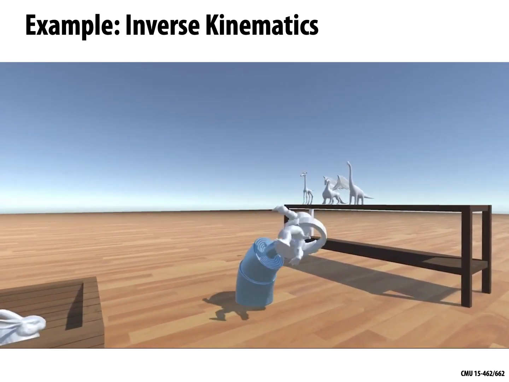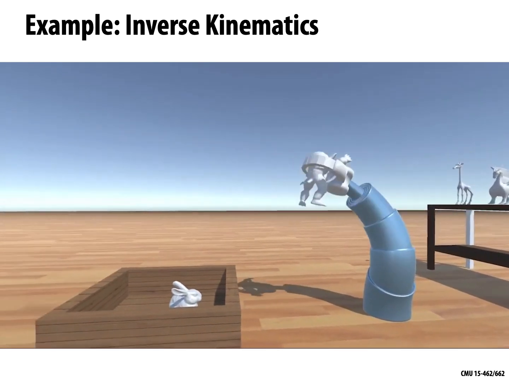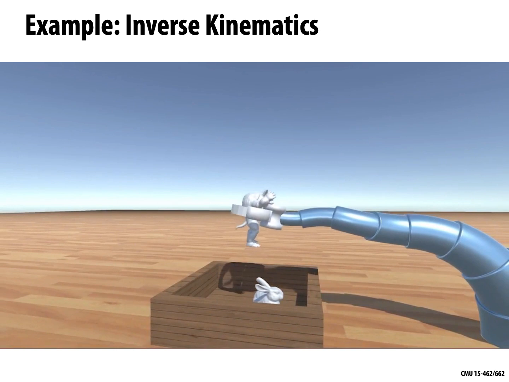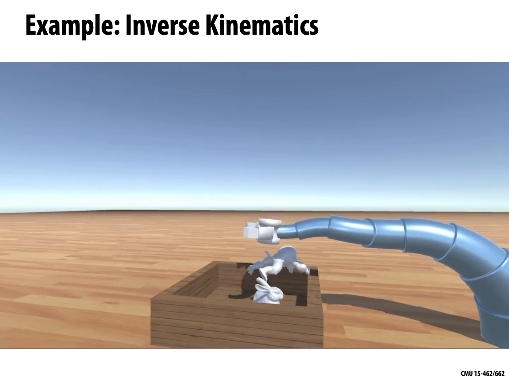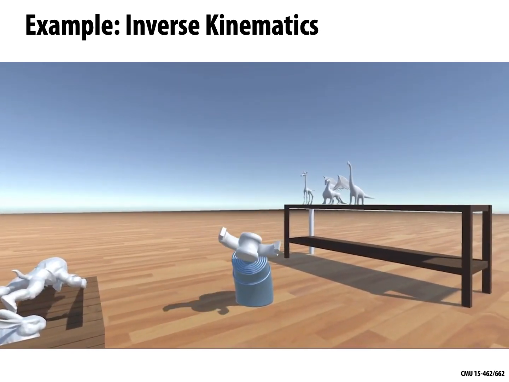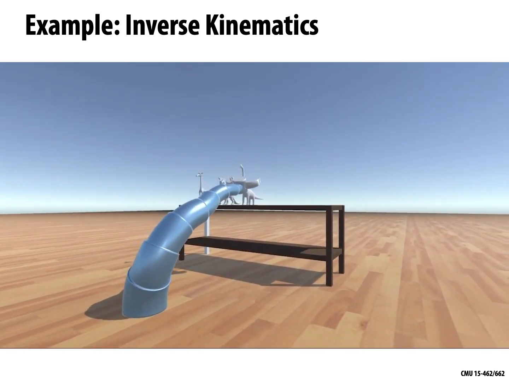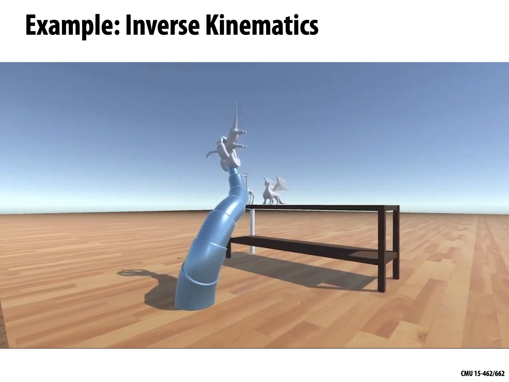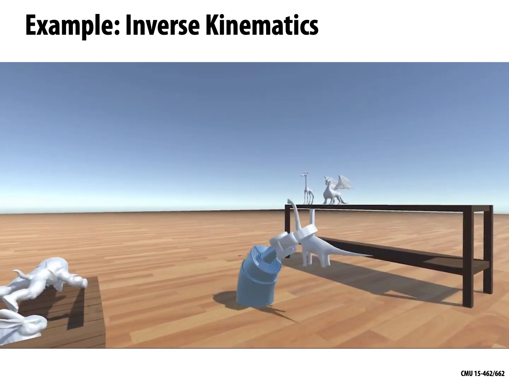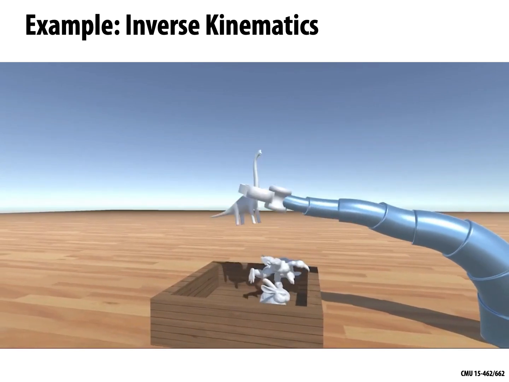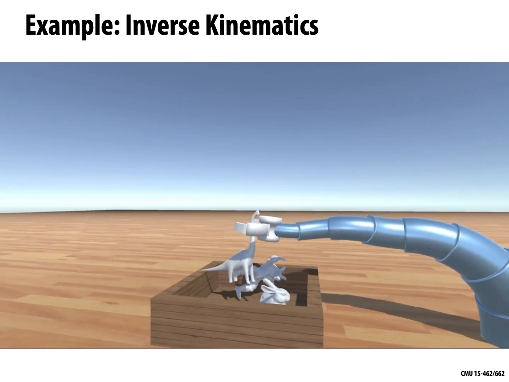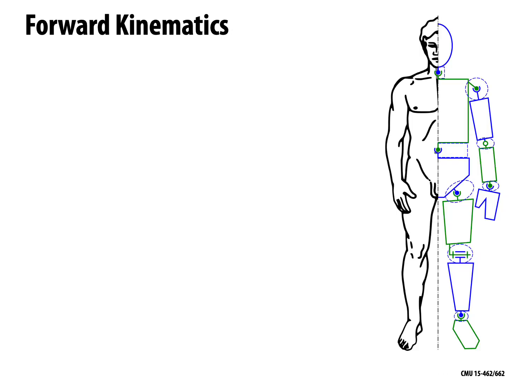And I'm going to minimize that difference with respect to all the variables that control the configuration of the robot arm, maybe all of these joint angles or twist angles or whatever they are. Then I use an algorithm like gradient descent to move me toward that goal. That is the rough idea behind inverse kinematics. Okay? So let's talk about this a little more precisely.